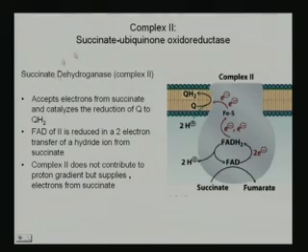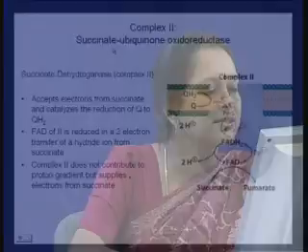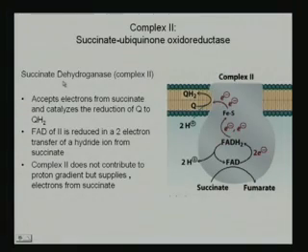Now, coming to complex 2, as I have told you, location-wise complex 2 is in the inner mitochondrial membrane. This enzyme, succinate dehydrogenase, which helps to transfer the electron in complex 2, is present in the inner mitochondrial membrane.